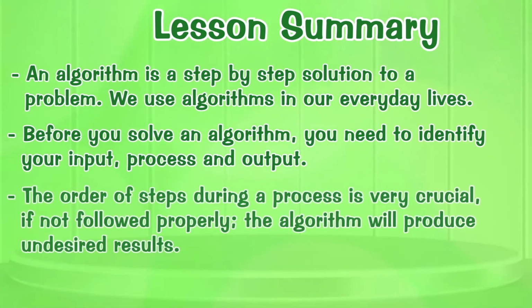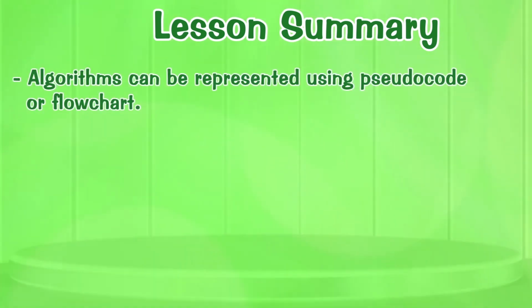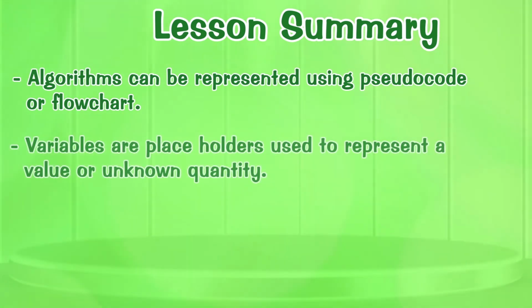The order of steps during a process is very crucial, very important. If not followed properly, the algorithm will produce undesired results. Algorithms can be represented using pseudocode or flowchart. Variables are placeholders used to represent a value or unknown quantity.